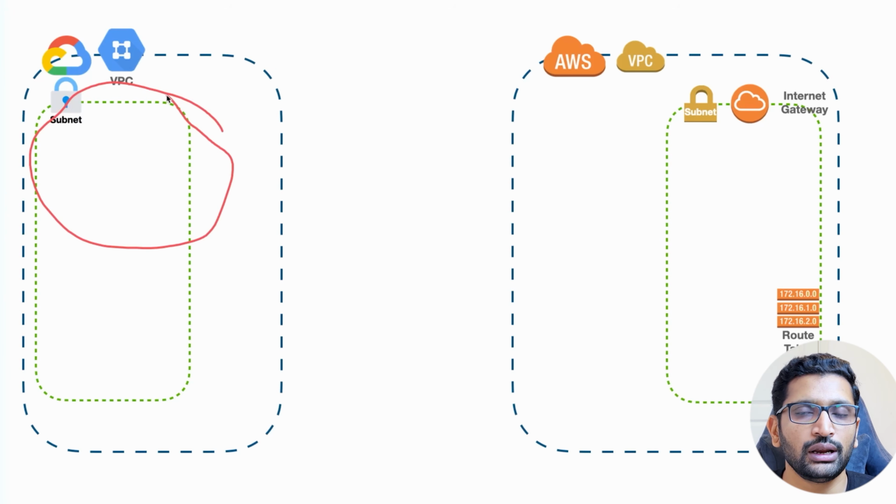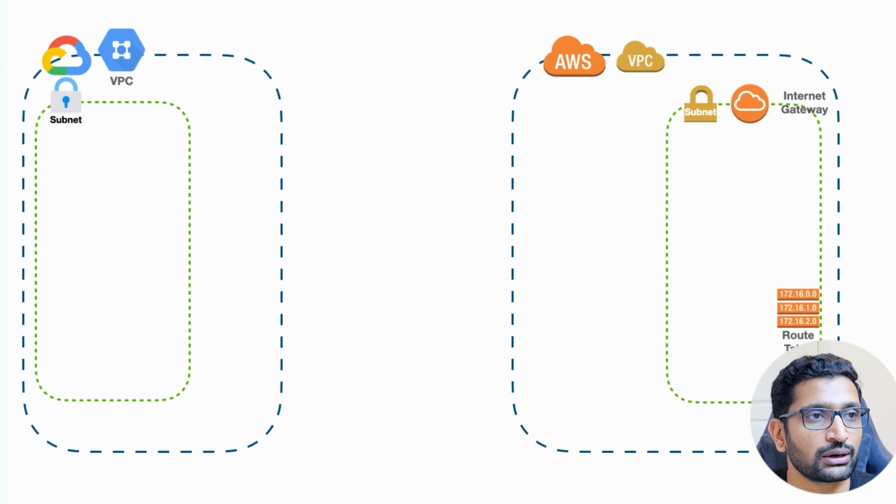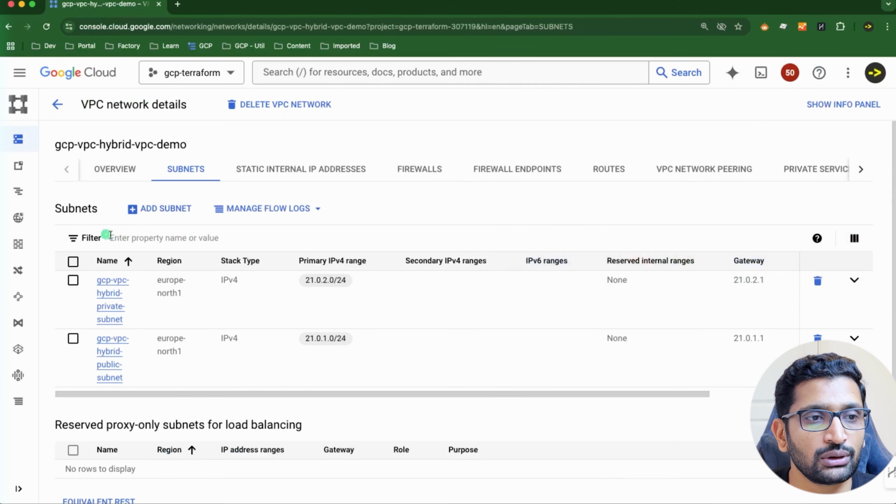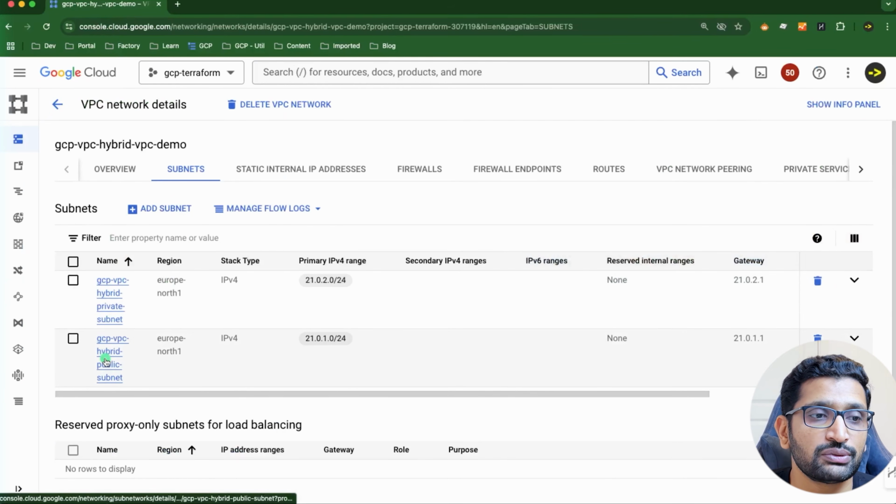So I'll show you the Google Cloud console, and how the internet gateway is available there, how the routes are available there, and if needed, how we can modify those routes to implement a similar concept on the Google Cloud side. So I'll go back to my Google Cloud console, and here you can see these are the subnets which we have created.